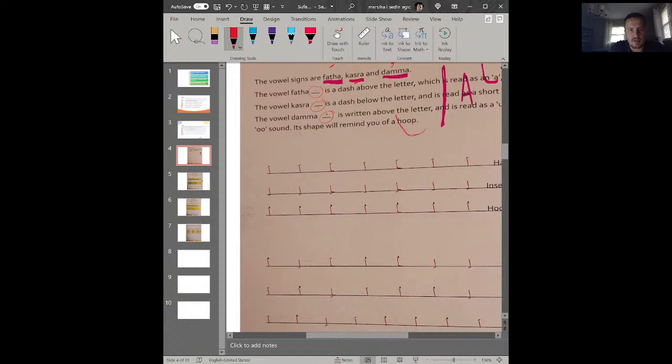If you write it, it goes this way, and this part is the connection with the letter before it. So if we add Fatha, which is the line on the top here, we say it short.